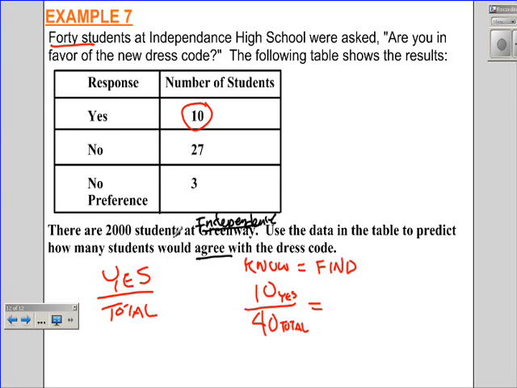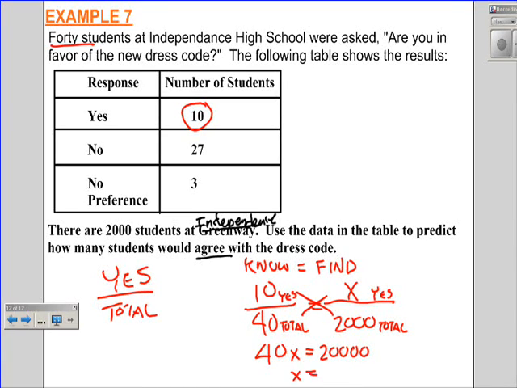And what I'm trying to find, well, I know there are 2,000 students total, and I'm trying to find the number that said yes. I don't know how many said yes, so that's what I'm trying to find. I'm going to do a little cross multiplying here. I got 40x equals 20,000.